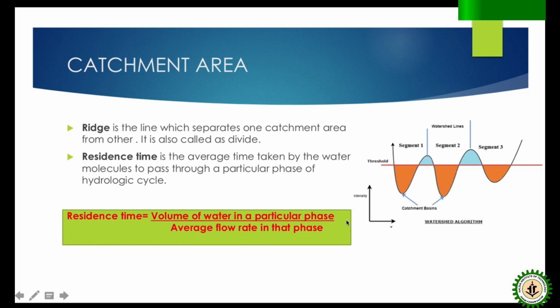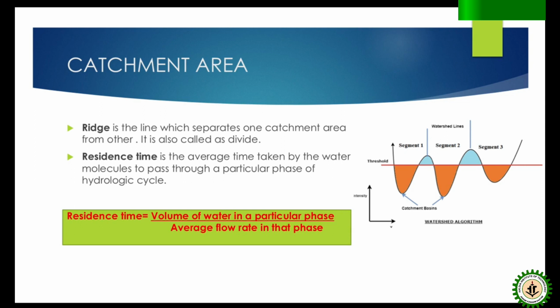Next, let's see what is residence time. In the previous lecture we have seen what is the hydrologic cycle. When a water molecule passes through a particular phase of the hydrologic cycle, what time does it take? That is residence time.